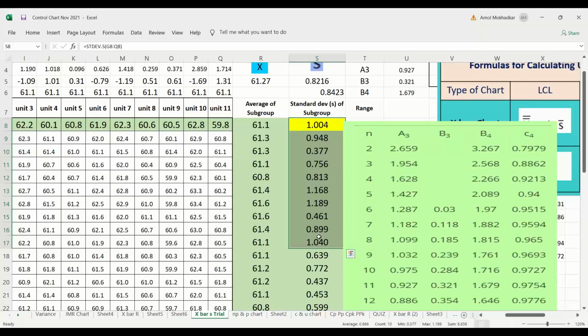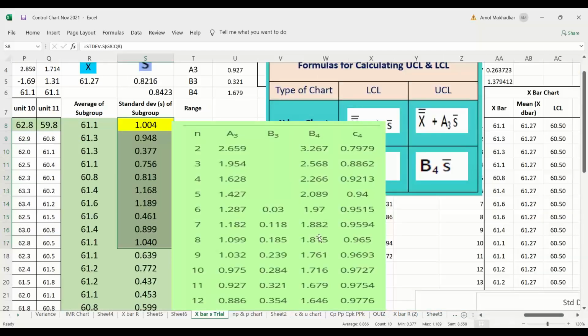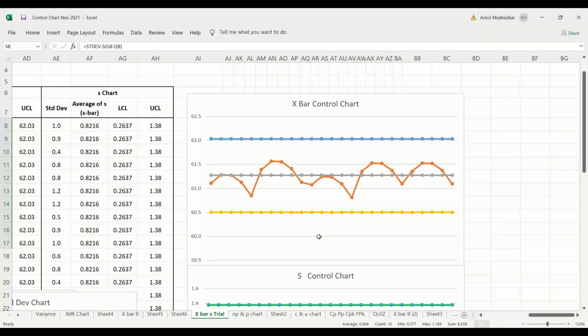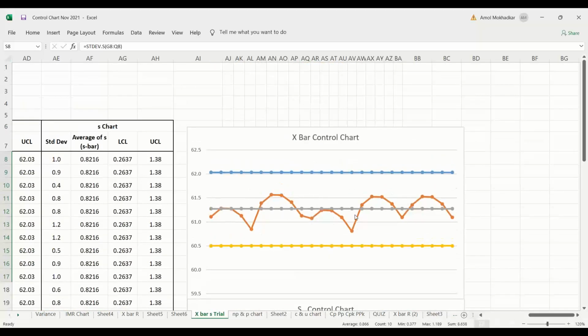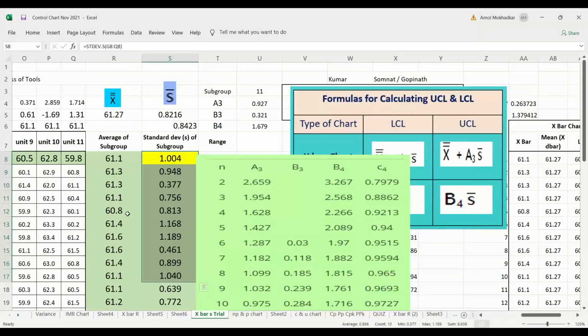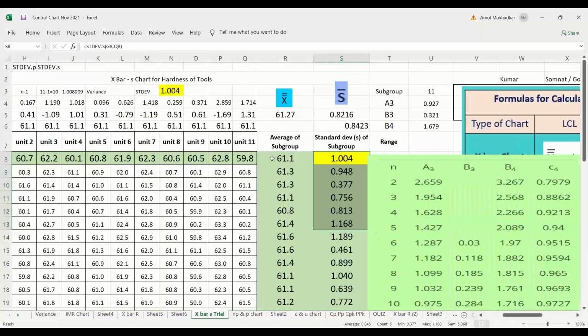So you need to find out whether there are any special causes present, why it is showing different data. You need to calculate from this data whether there is any special cause present or not. If it is in a state of statistical control, you should not have variation from this group to this group. A large variation should not be there within the subgroup.